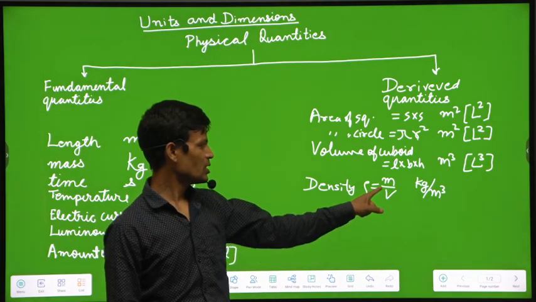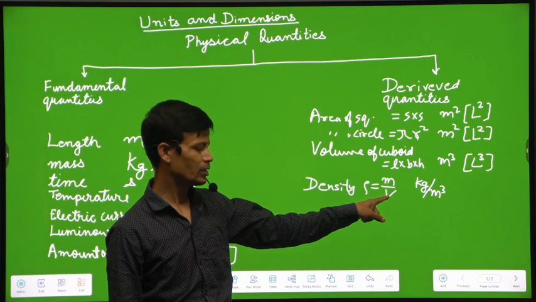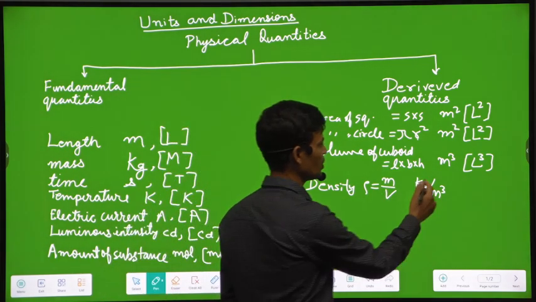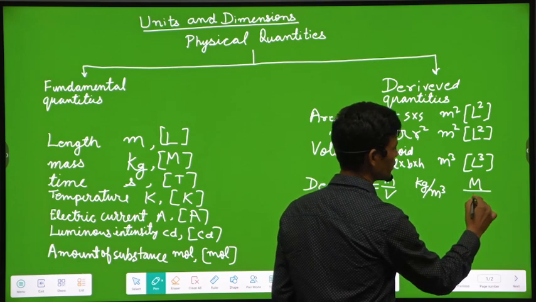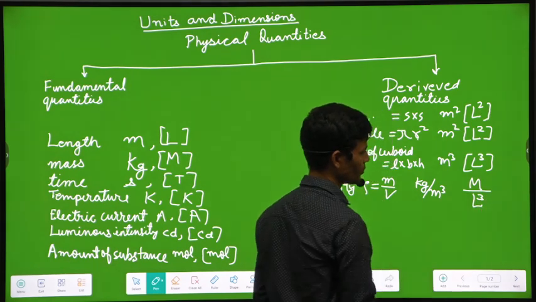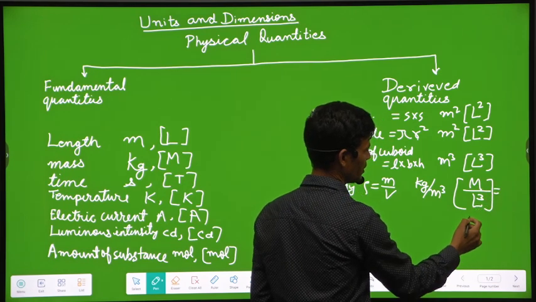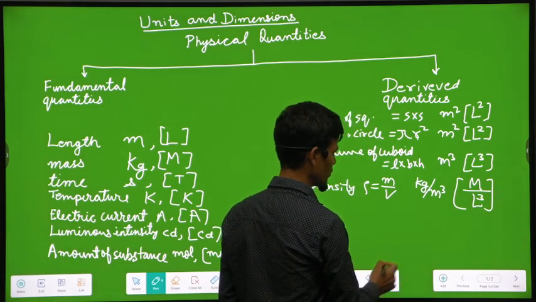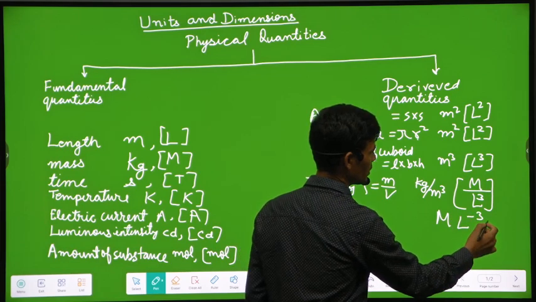So its dimension is dimension of mass divided by dimension of volume. So dimension of mass is capital M and dimension of volume is L3. We write it like this: ML minus 3.